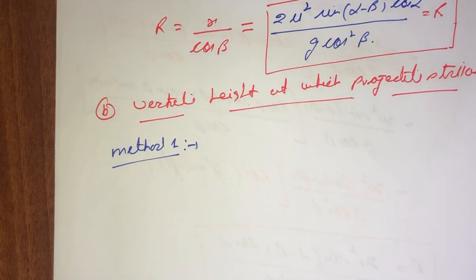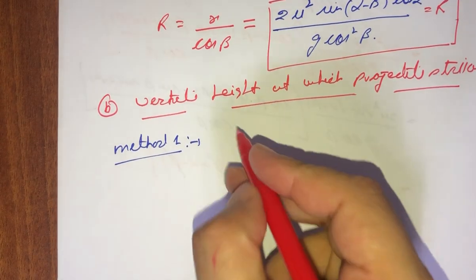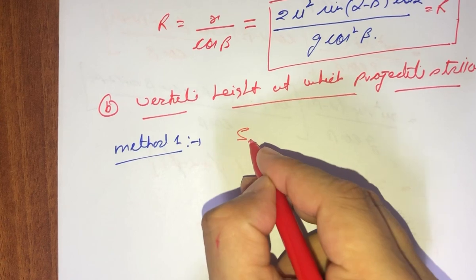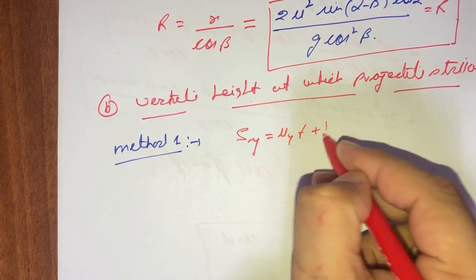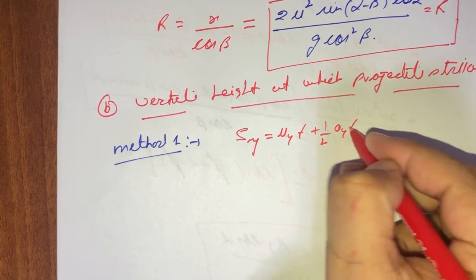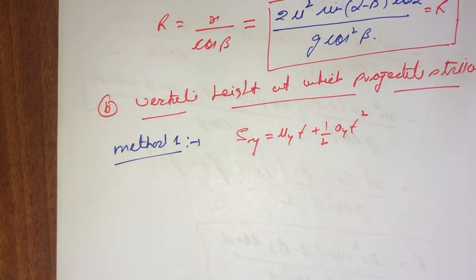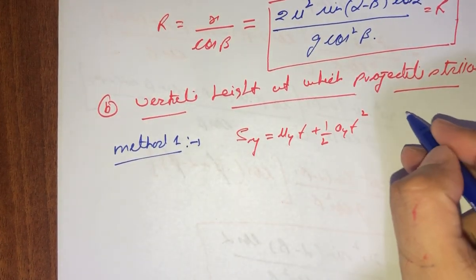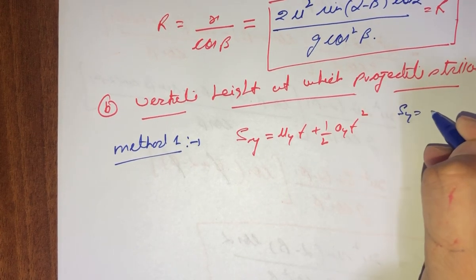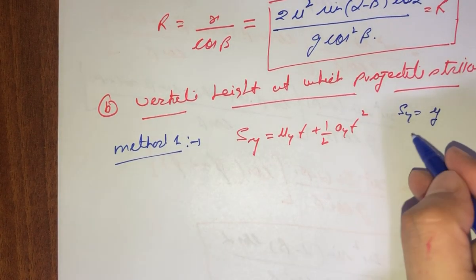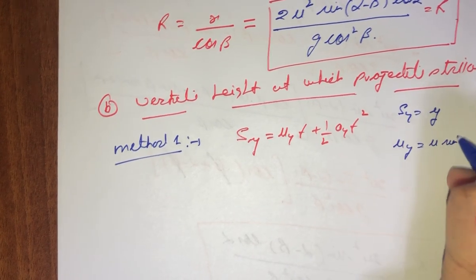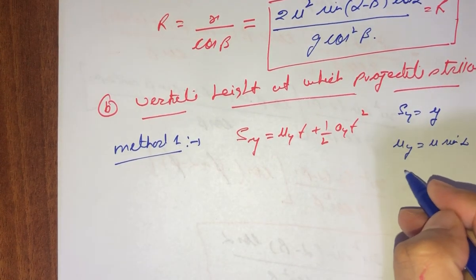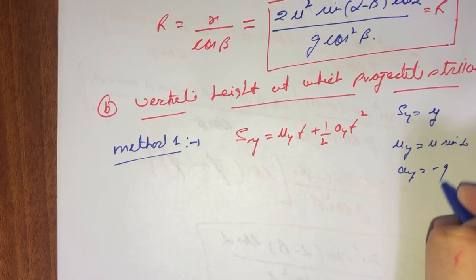In this case, we are simply going to use the equation of kinematics, which says S_y is equal to u_y t plus half a_y t square, and S_y is taken as y, u_y is u sine alpha, and a_y is minus g.